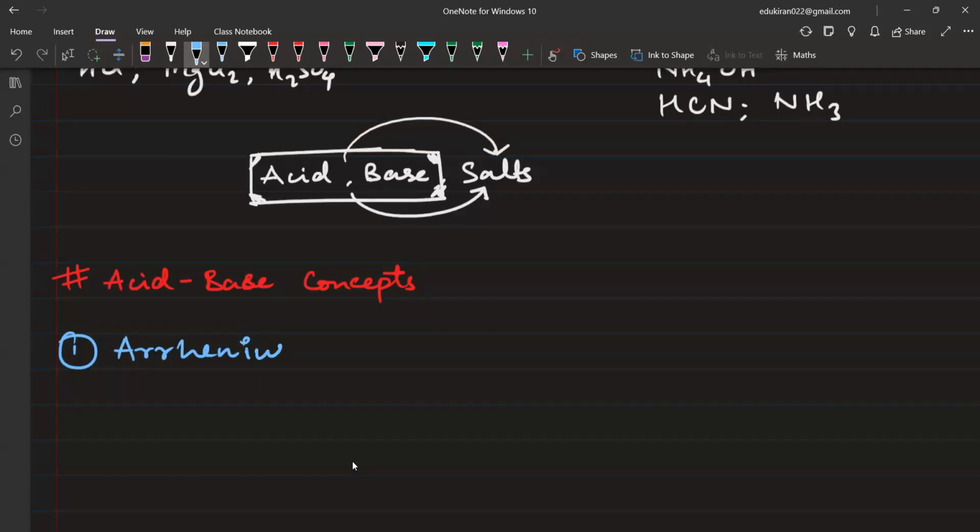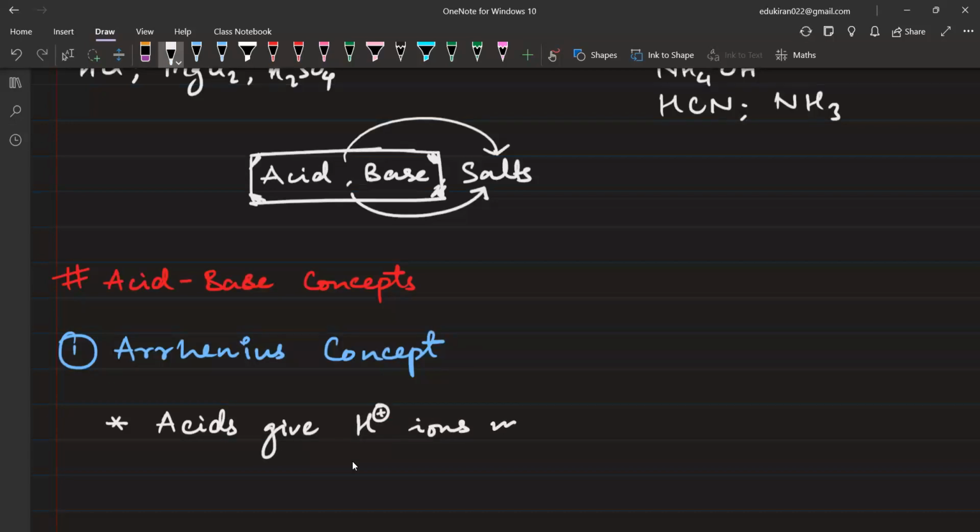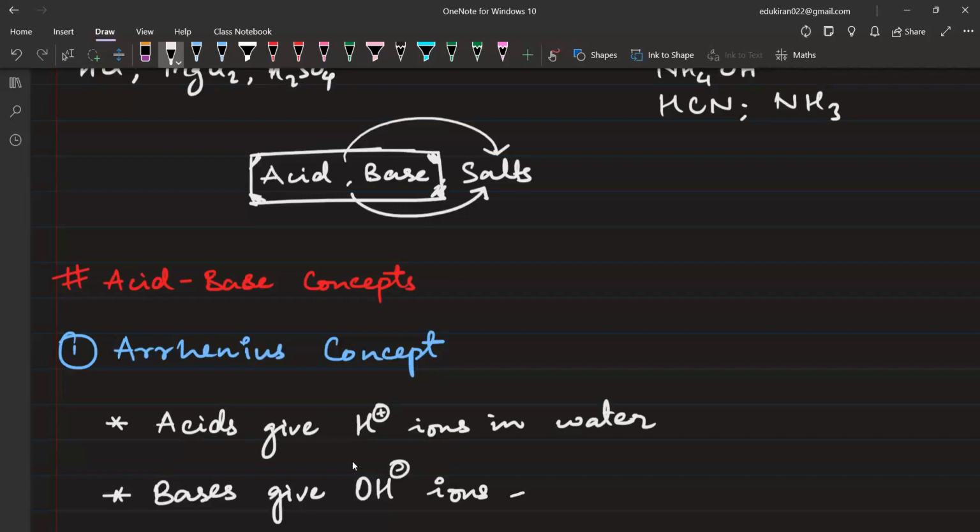Arrhenius plainly said that acids give H+ ions in water. If you put it in water, the H+ ion concentration will increase. And he said bases give OH- ions in water. A simple definition by Arrhenius.